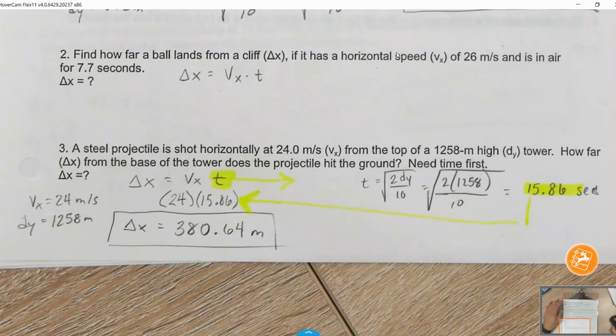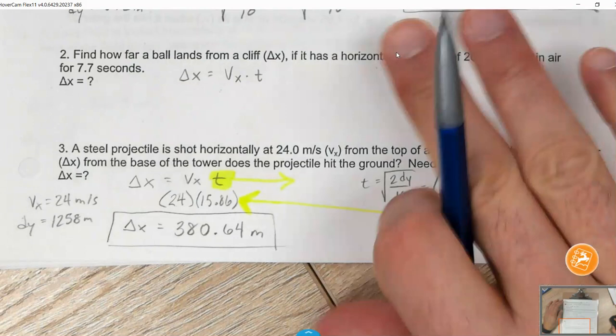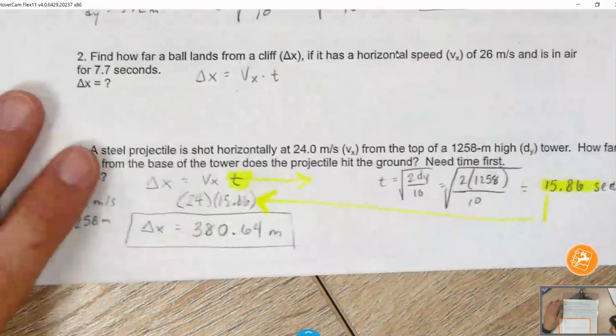Okay, so everybody good with this one here?